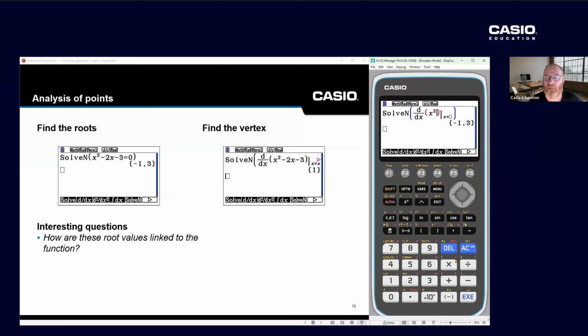You could enter your function, or you could enter y1, graph notation, doesn't matter. You would be differentiating at the general point x, and you would want to say when is that equal to 0. And when you confirm, you get the value of 1. So you find out that the vertex is at x equals 1, and then you sub the value of 1 back in to get the y value.